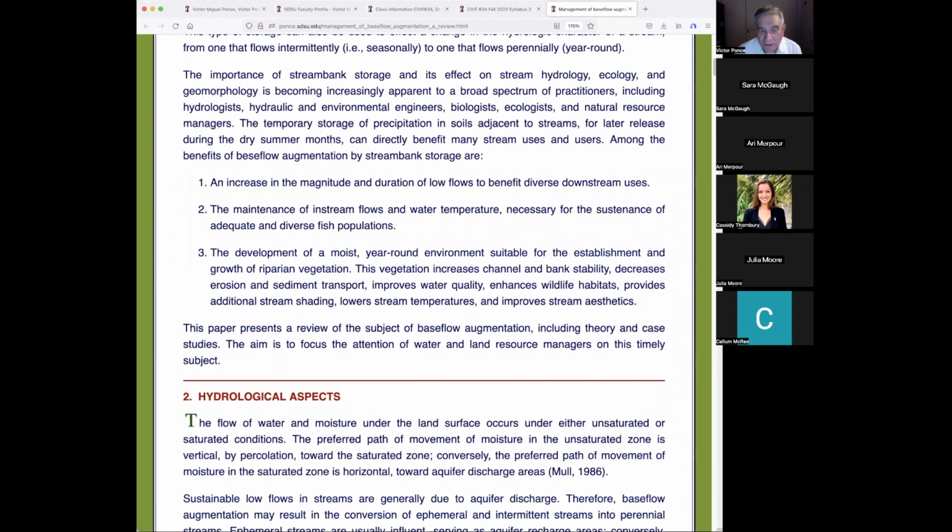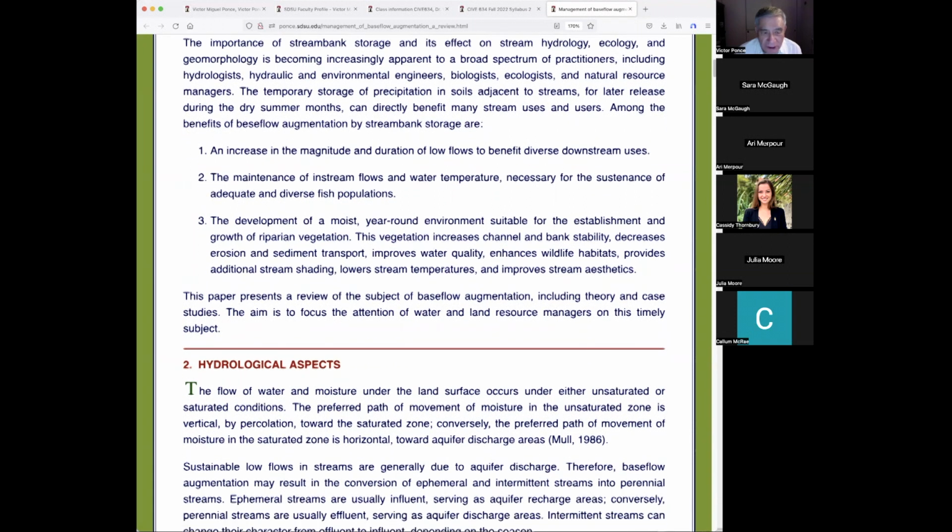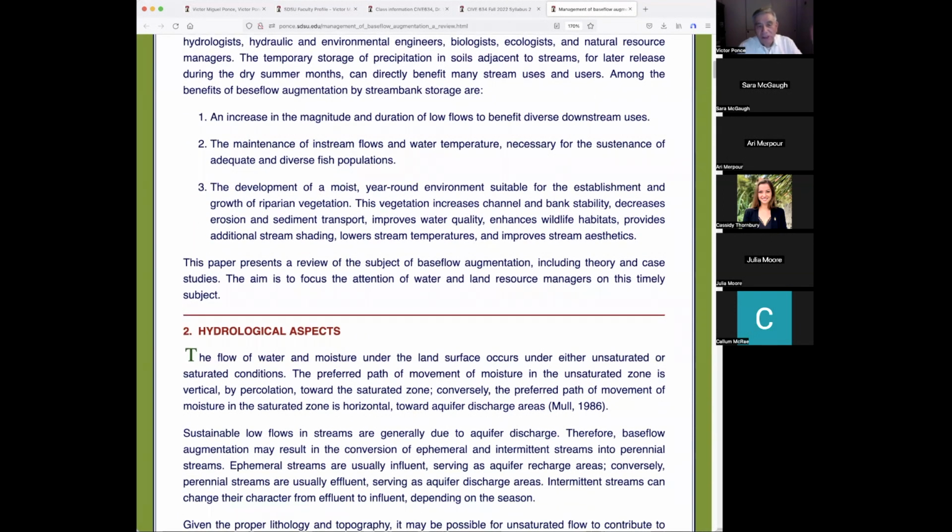Maintenance of stream flows, in-stream flows, and water temperature necessary for the sustenance of adequate and diverse fish populations. Development of a moist, year-round environment suitable for the establishment and growth of riparian vegetation. This vegetation increases channel and bank stability, decreases erosion, improves water quality, enhances wildlife habitats, provides additional stream shading, lowers stream temperatures, and improves stream aesthetics.